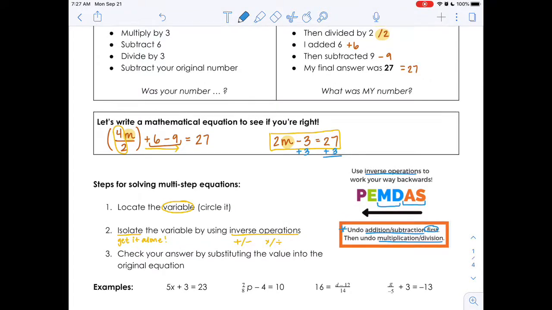So minus 3 plus 3 gives me 0. I'm going to put a 0 on it to show that we have 2m plus 0, which really means we just have 2m. And then 27 plus 3 is equal to 30.